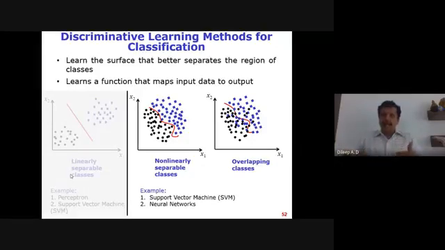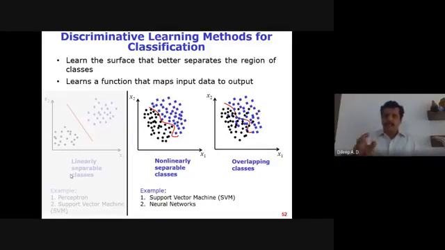We handled that by applying the soft margin, allowing the error to happen. Now the situation we want to address is data that is highly non-linearly separable. How do we address this using the support vector machine? That's what we're going to see.